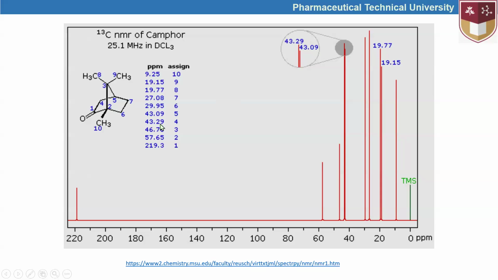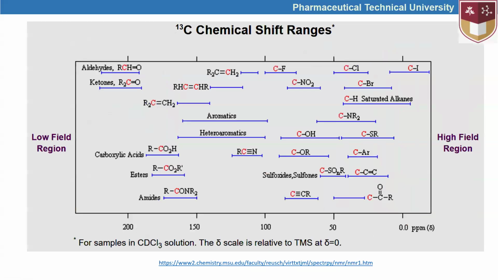43.9, 43.29, and 43.09. And tetramethylsilane has this kind of small signal as indicated here. Okay, so this one belongs to carbon 13 NMR results.